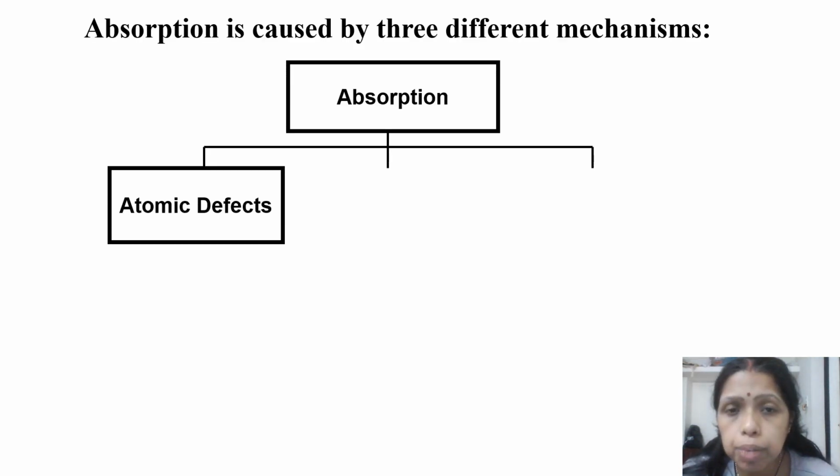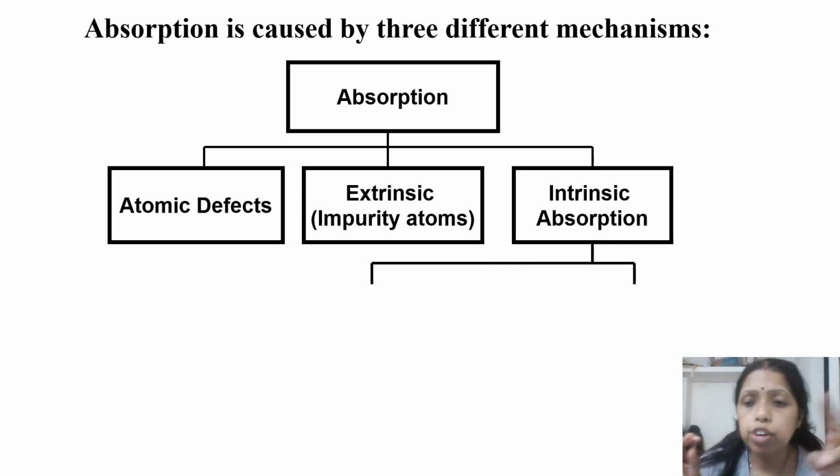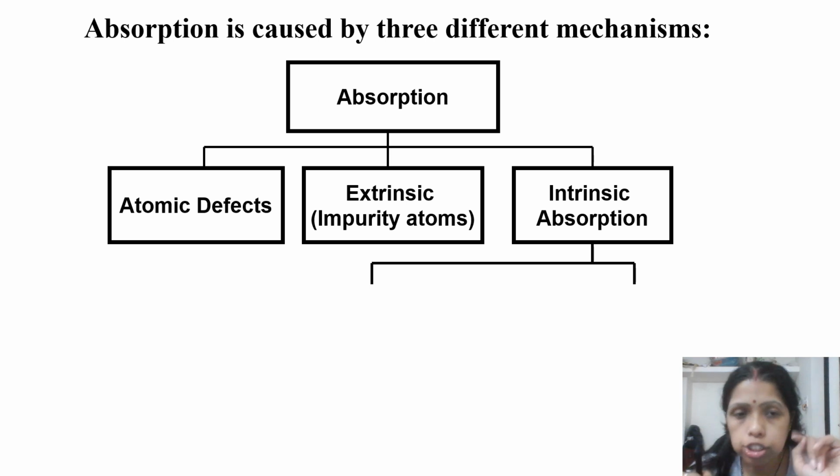Okay, so what I told in the first slide, if you remember, is that attenuation happens due to three reasons: absorption, scattering, and bending loss. Under absorption, there are some types: atomic absorption, extrinsic absorption, and intrinsic absorption.